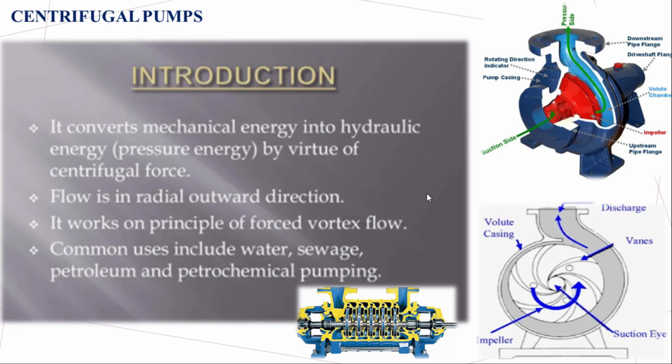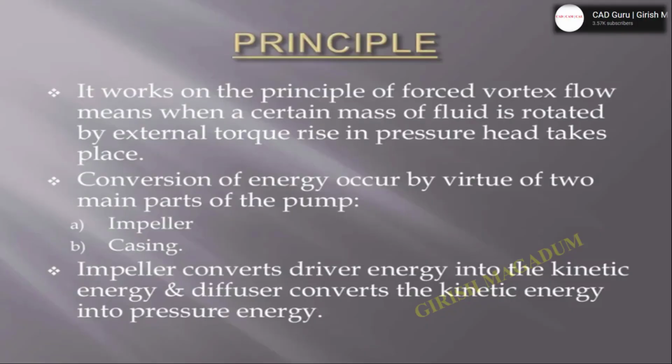Common uses for centrifugal pumps are water transportation, as well as sewage, petroleum, and petrochemical pumping. These work on the principle of forced vortex flow, meaning when a certain mass of fluid is rotated by external torque, a rise in pressure head takes place.